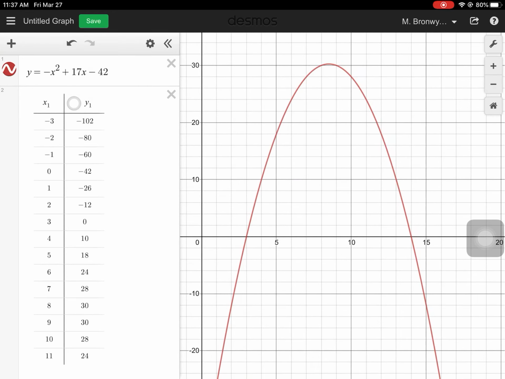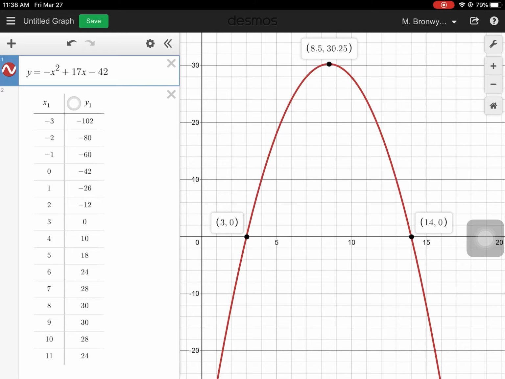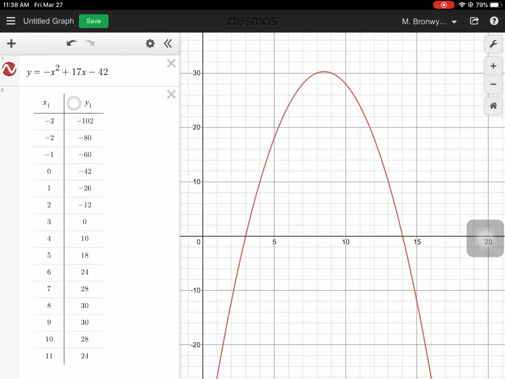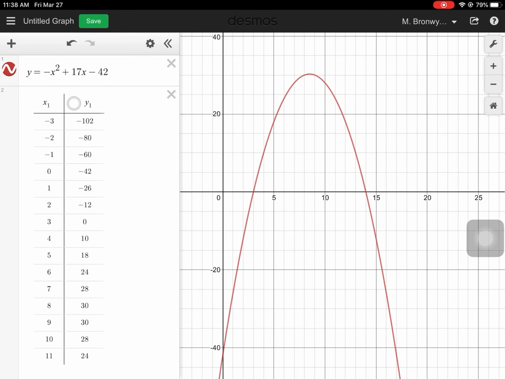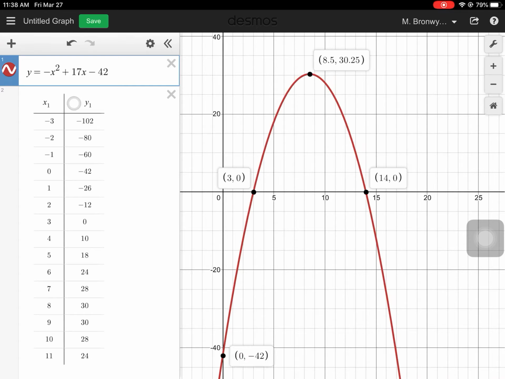When we look at a parabola, we want to be able to see the vertex, where it falls. We want to be able to see those points that are important, like the x-intercepts. Those were some important points that we noted. I'll put those on there again: the x-intercepts, the vertex, and the y-intercept.